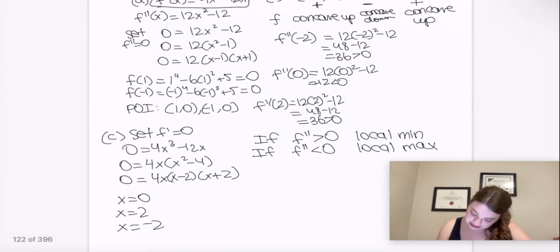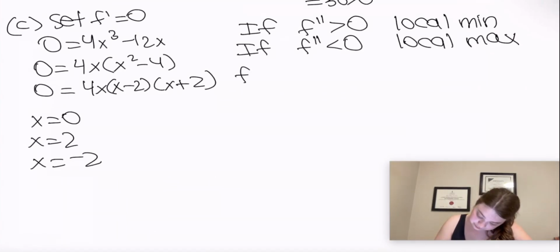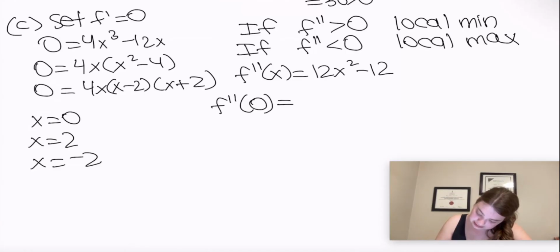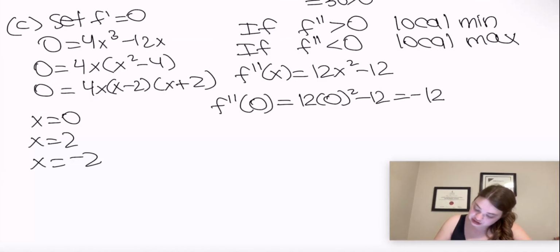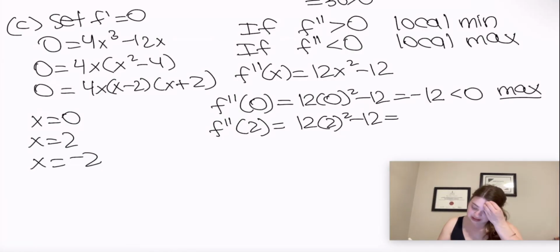So now let's put that to the test. As a reminder, the second derivative was 12x squared minus 12. So then we're going to put in 0. If we put in 0, we get 12 times 0 squared minus 12, which is -12, which is less than 0. So that means local max at that point. Then if we do positive 2, we're going to get 12 times 2 squared minus 12, which is going to be, well, we already figured it out earlier.